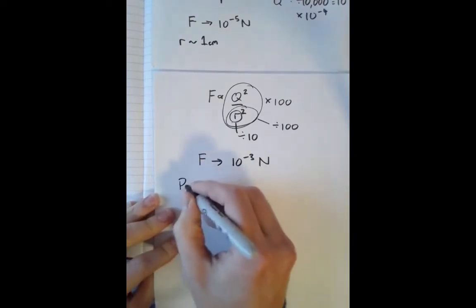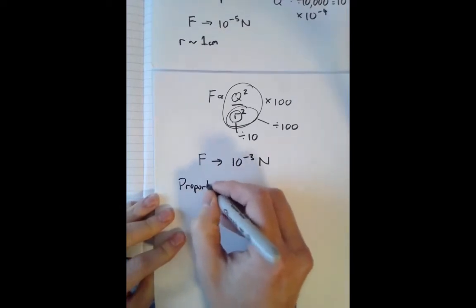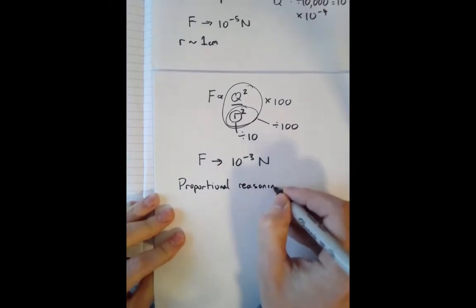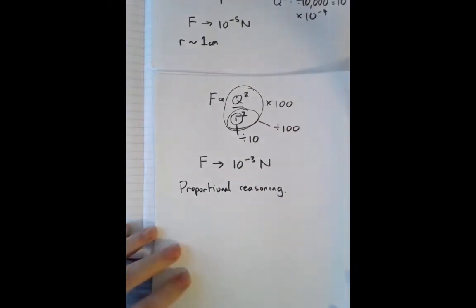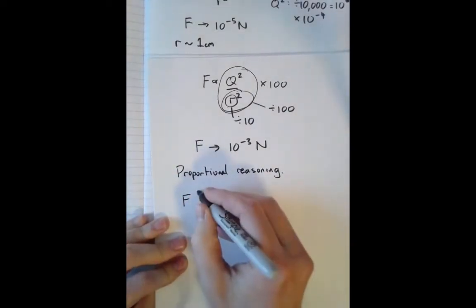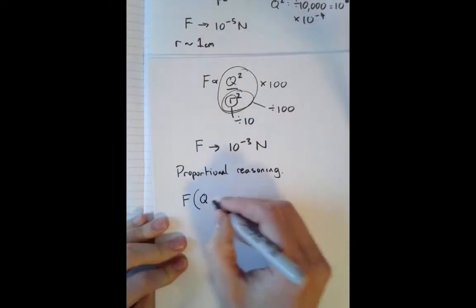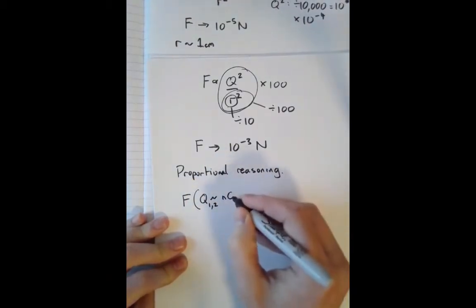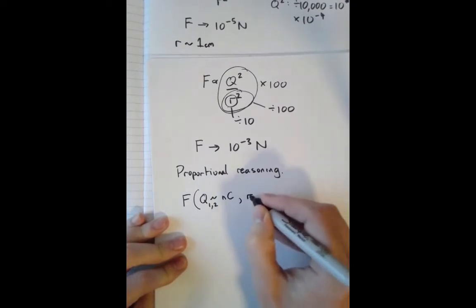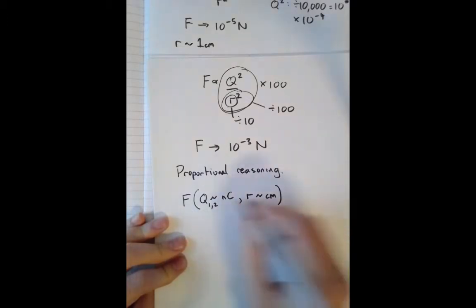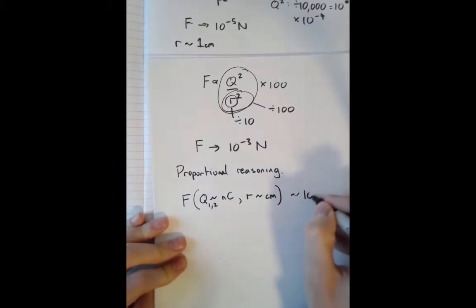So this, just to remind you, this is proportional reasoning. Okay, so you now know, by the way, that if the two charges are of order nanocoulombs and the distance between them is of order centimeters, then the force between them has a magnitude of around 10 to the minus 4 newtons.